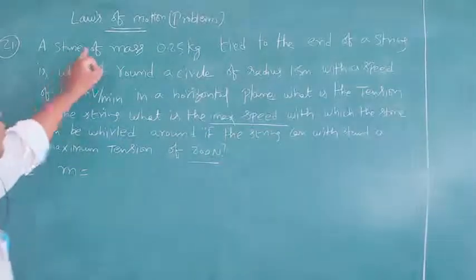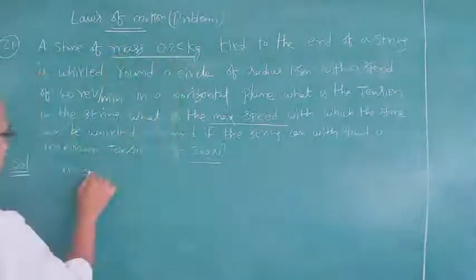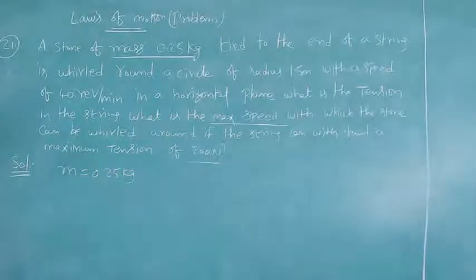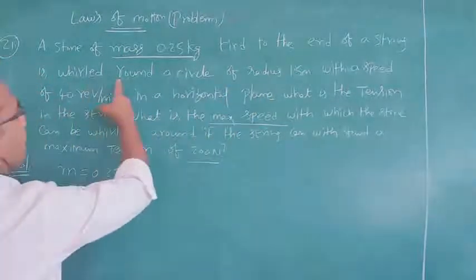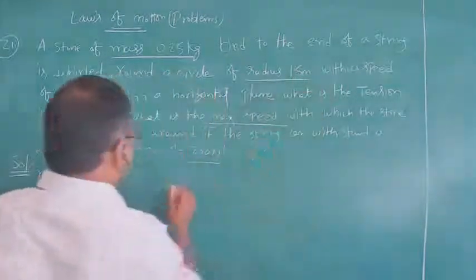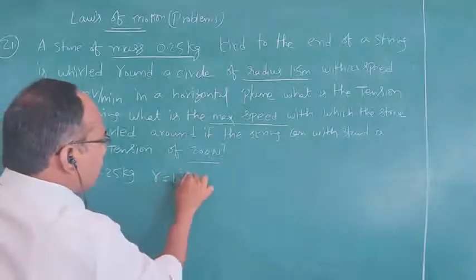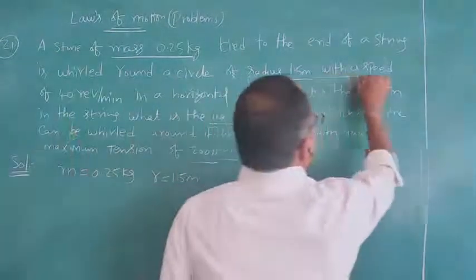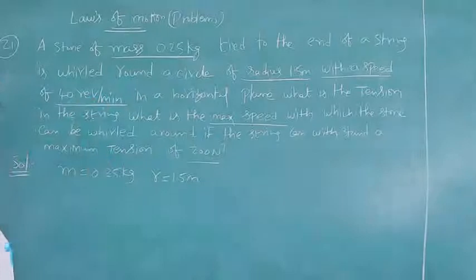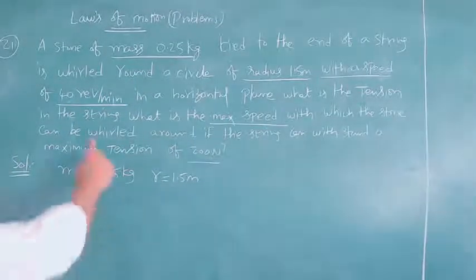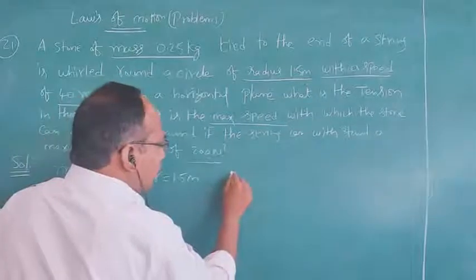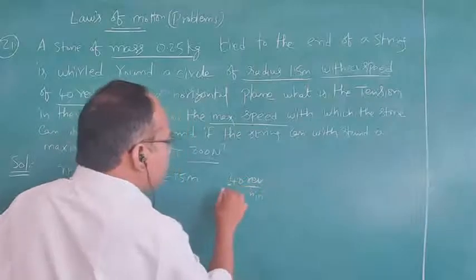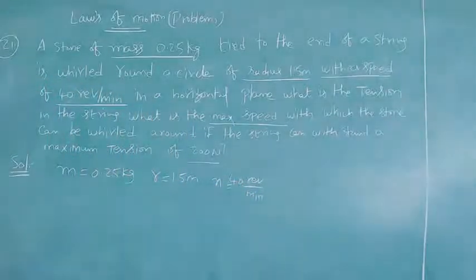A stone of mass m is equal to 0.25 kilogram, tied to the end of the string, is wound around a circle of radius 1.5 meter with a speed of 40 revolutions per minute. 40 revolutions per minute means the number of revolutions per minute, that is nothing but n.